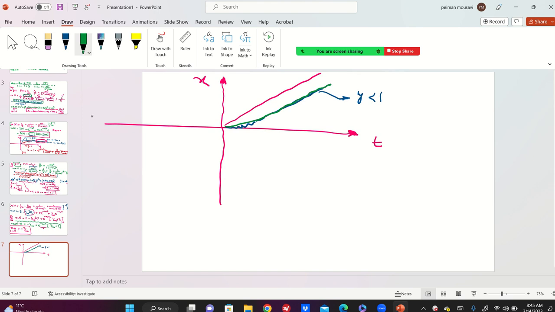There's no oscillation in the transient response. This green is for zeta 1. But the steady state error signal is the same. The difference is the transient response. Clear?